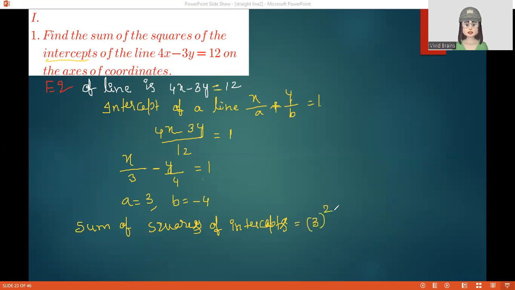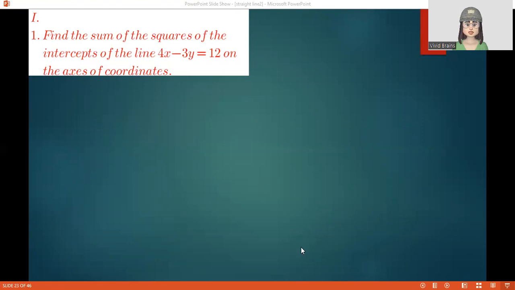What do we get? 9 plus 16, which is equal to 25. So the given equation can be converted into intercept form and then we get the intercepts and the sum of squares. Let us move to the next question.